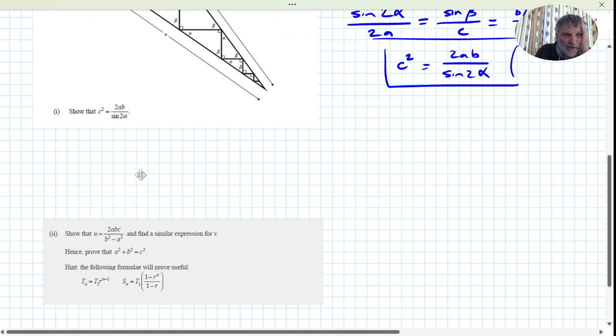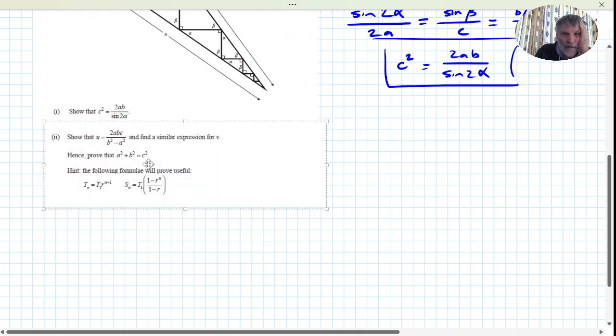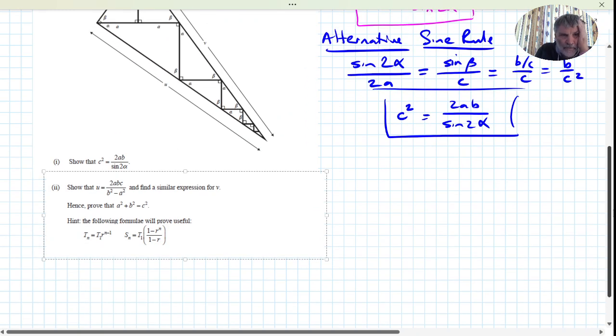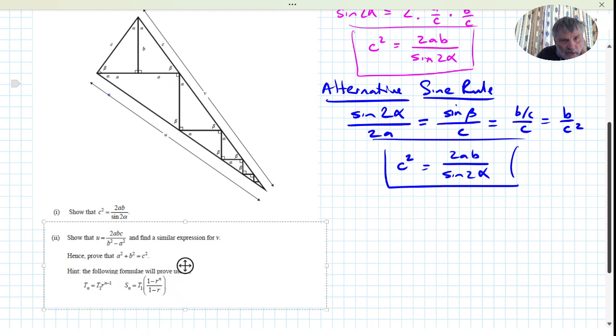Let's look at the next part. Yep, can move that up. I've run out a bit of screen real estate here, but we've got a length u of this big waffle that is made up of these similar triangles, and it's asking us to show that u equals some expression here.